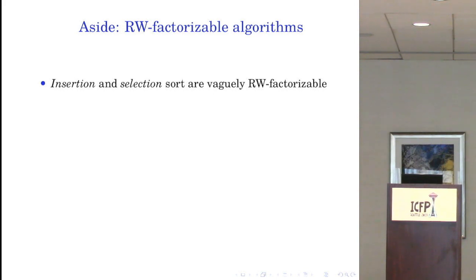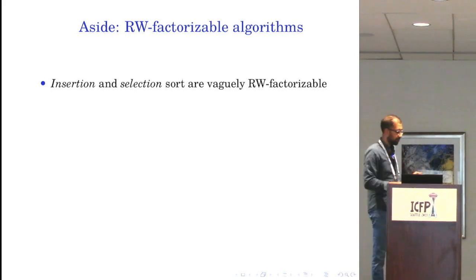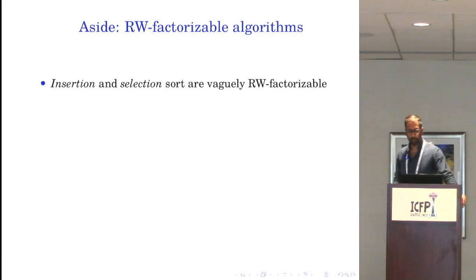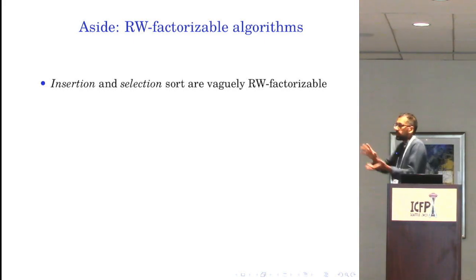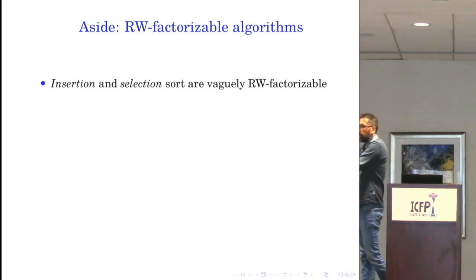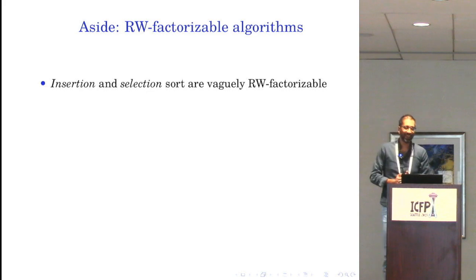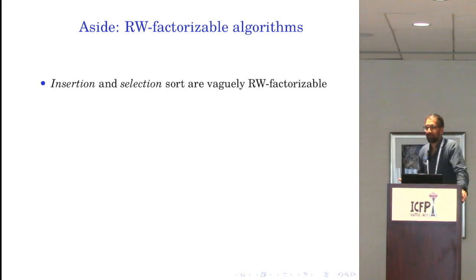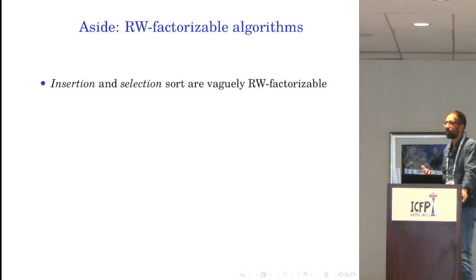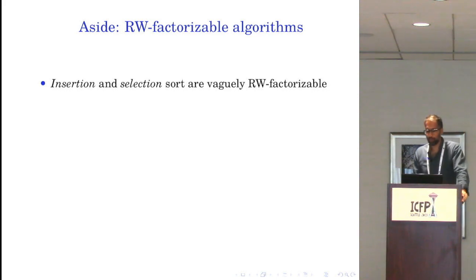And I say vaguely because if you think about it hard enough, you'll realize that insertion sort isn't, according to the type discipline which I just talked about. But if you don't think about it too hard, well then they basically can destruct the input and construct some sorted output, right? Okay, and I think that they should be in some sense. So maybe my definition isn't quite general enough, but they should be.